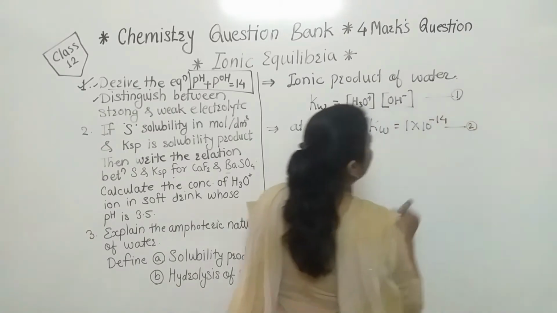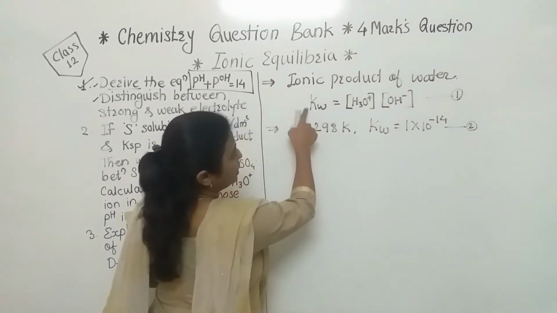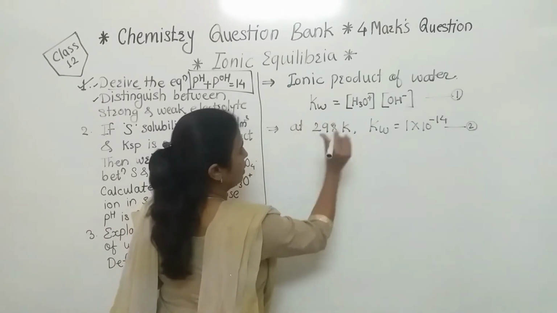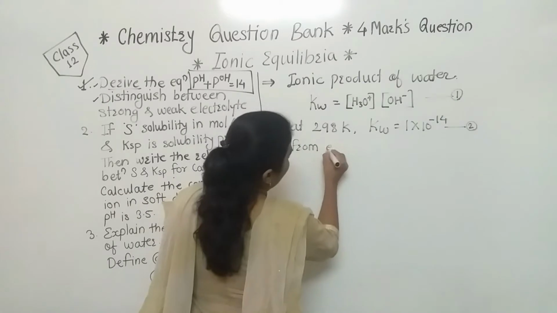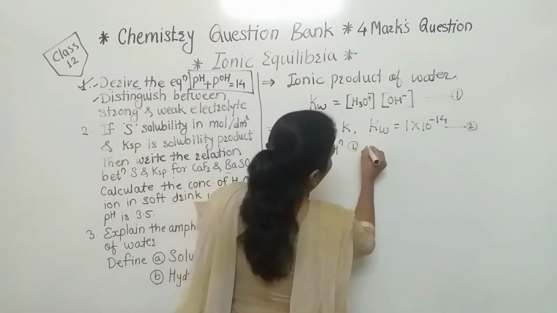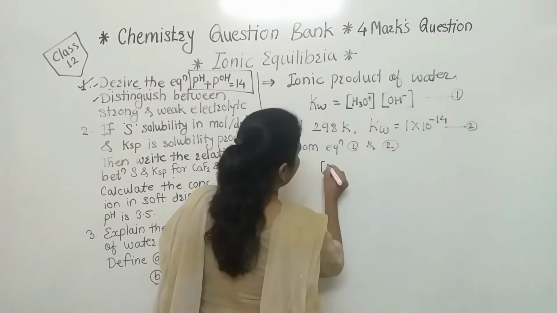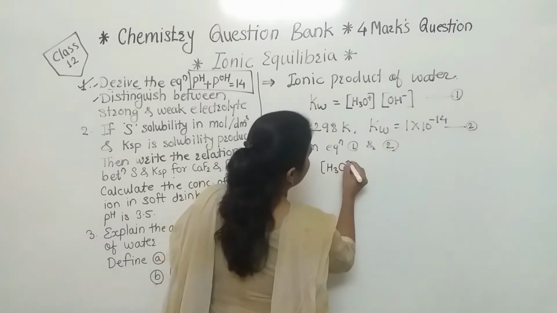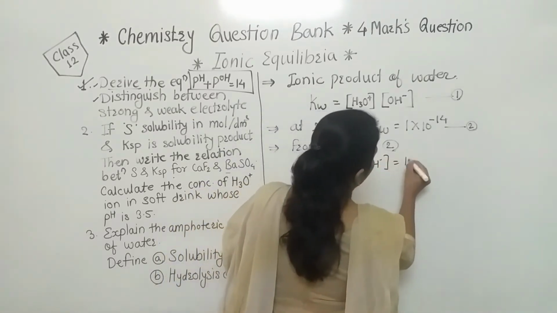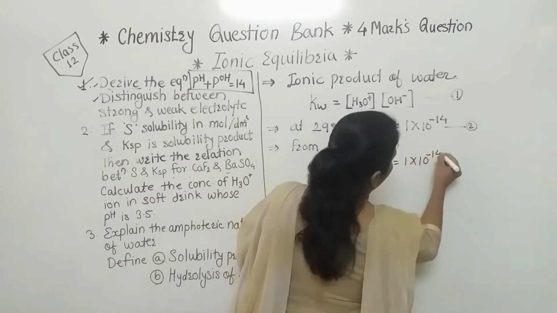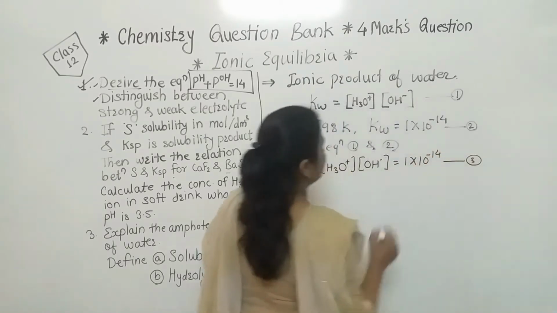This is the equation 1. Here we can observe in equation 1 and 2 left hand side is same. So we can write that from equation 1 and 2, concentration of H3O plus into concentration of OH minus is equal to 1 into 10 raised to minus 14. This is the equation 3.